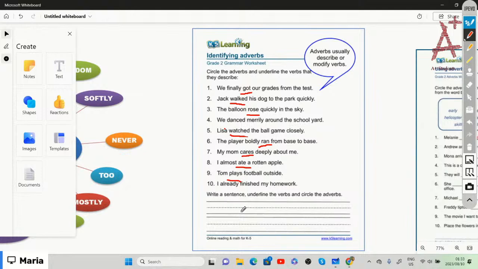And then the last one is I already finished my homework. So finished. Right? So these are all of the verbs that we have identified first. And after we have identified the verbs, we are now going to circle the adverbs within the sentences. And remember, an adverb either tells us about the verb or describes the verb, right?